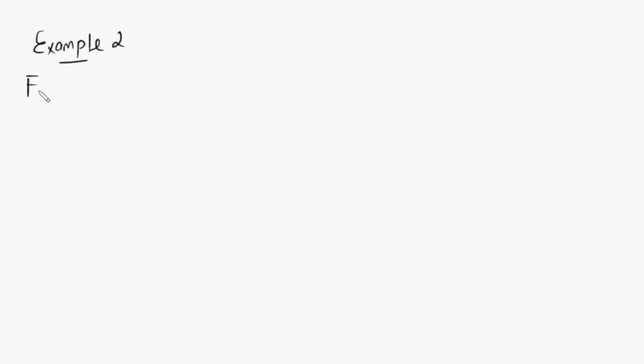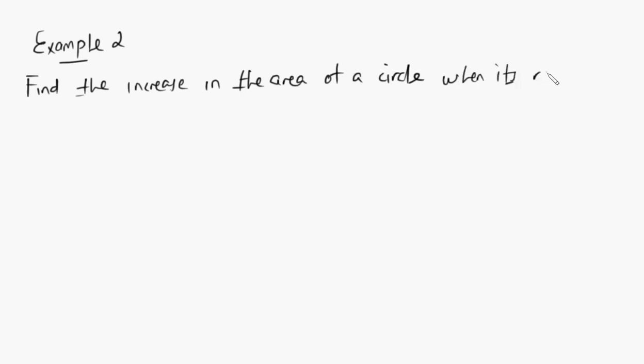It says, find the increase in the area of a circle when its radius changes from 5 meters to 5.1 meters. Solution now.